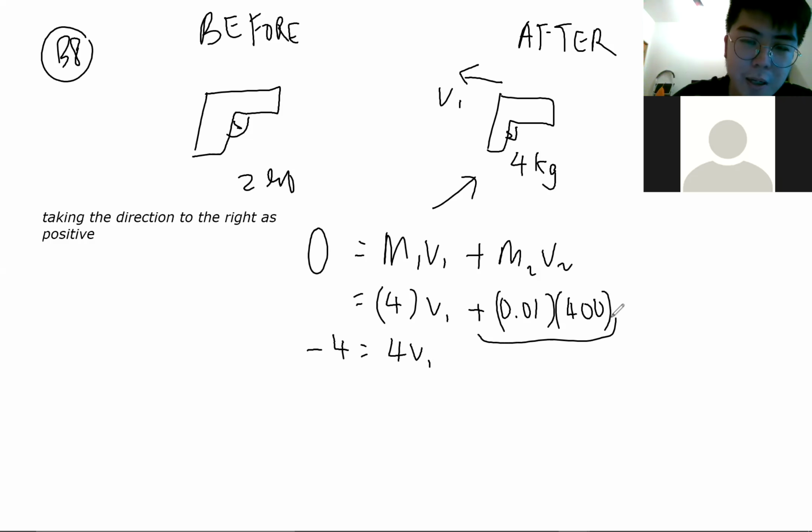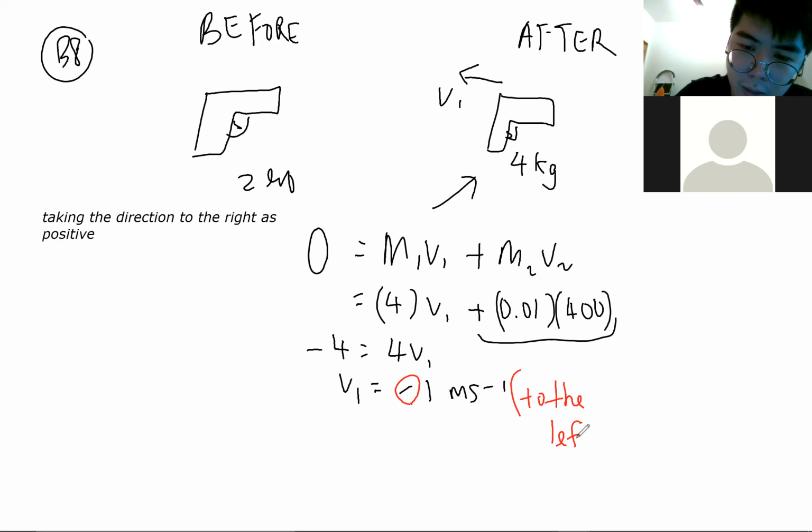Now, when you calculate V1, V1 equals negative 1 m s^-1. Now notice that your final answer has a negative, meaning it is moving to the left. So in physics, in all the calculations, the sign is very important. Remember that.